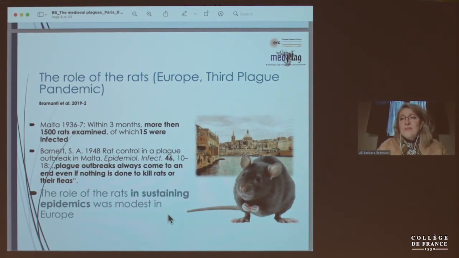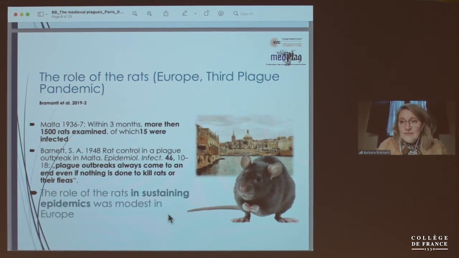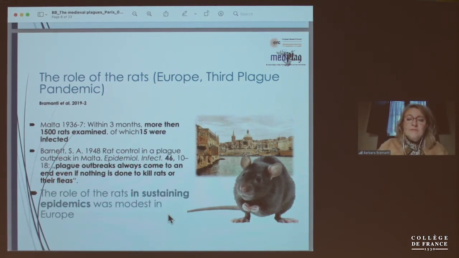Well, let's consider one example, and it is an example of Malta. Why Malta? Malta is an island in the south of Europe, very close to Africa and also to the desertic belt. Therefore, we can believe that it mimics a bit the environmental conditions of the desertic belt.